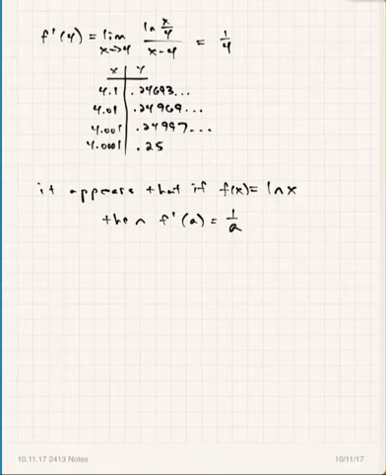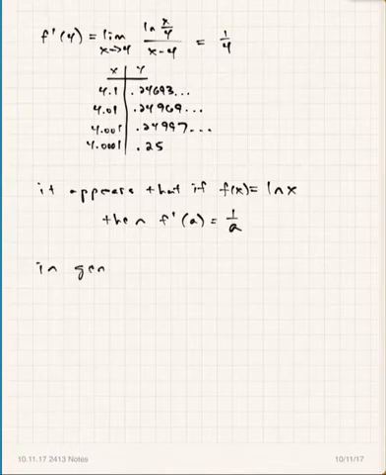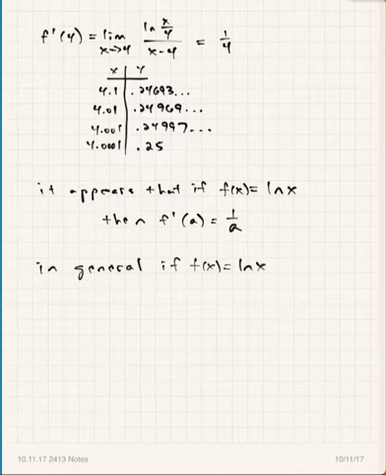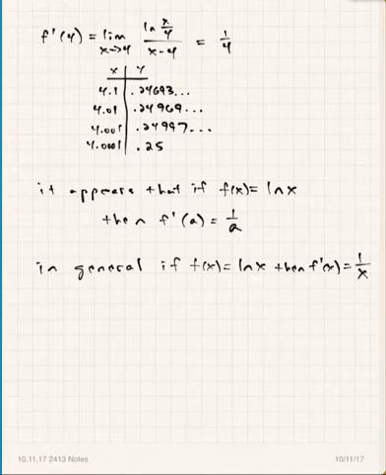And so in general, we have that if f of x is the natural log of x, then f prime of x is 1 over x, that the derivative of the natural log function is the function 1 over x. And x obviously has to be a positive value here.